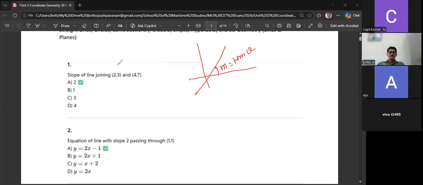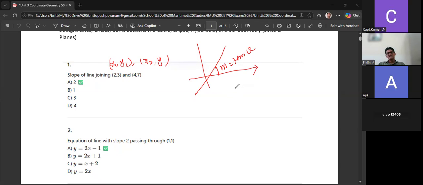Here we are given 2 points. This is a point x1, y1, then we have another point x2, y2. The slope m equal to tan theta: if you are given an angle theta, you can find the slope.